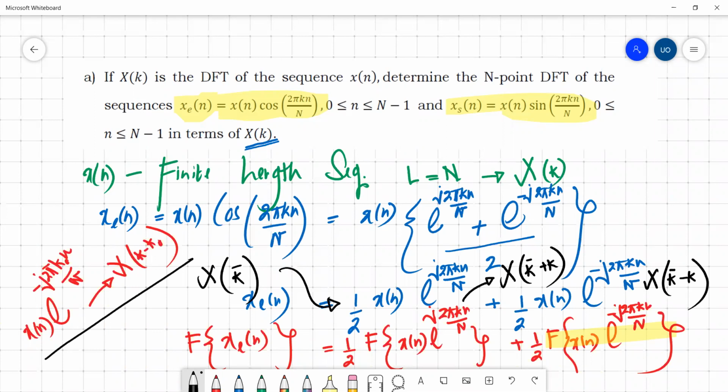Both options are there, but sometimes using DFT properties you can easily obtain the final answer, rather than moving into the basic definition and doing this infinite or finite summation. So keep in mind, in most cases applying Fourier properties would be an easy pathway to get the final answer.